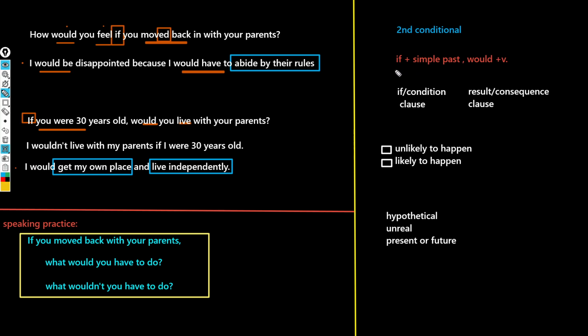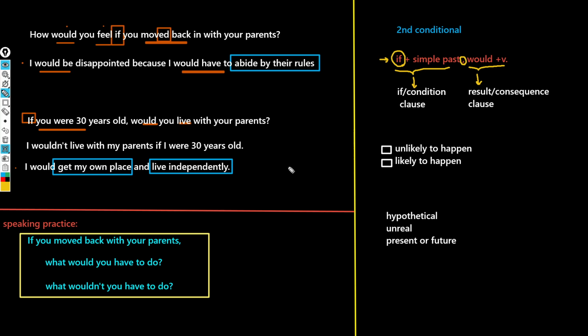The if clause, or the conditional clause, whereby you would have simple past after if. And in case if is the first clause, then you would need a comma to separate the two clauses. In the second clause, which is the result or consequence clause, you would have would plus verb.